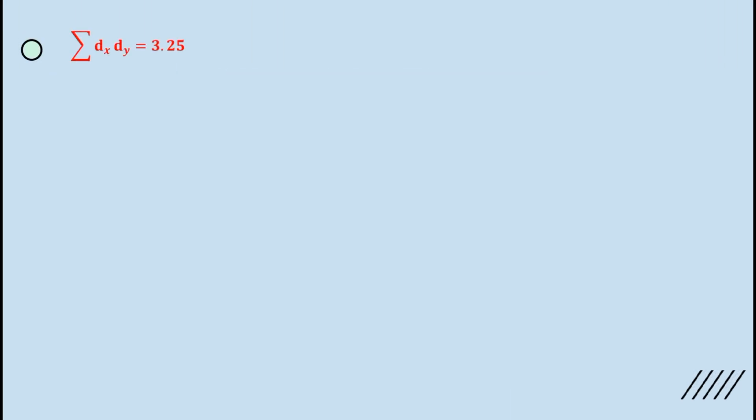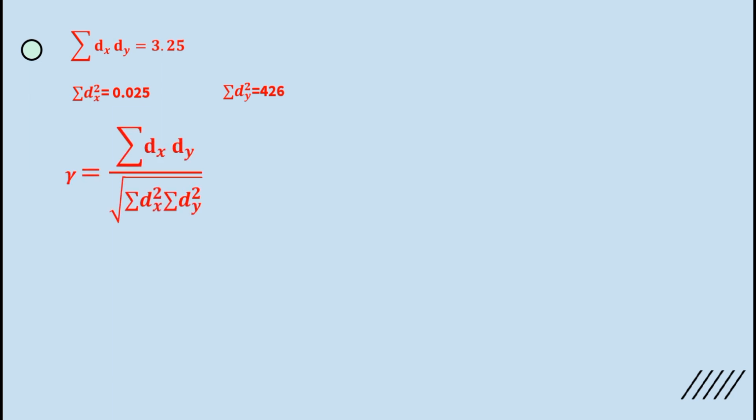The summation of dx dy from the table is 3.25. The summation of dx squared is 0.025, and the summation of dy squared is 426. We can now input the values to the Pearson's formula for correlation.